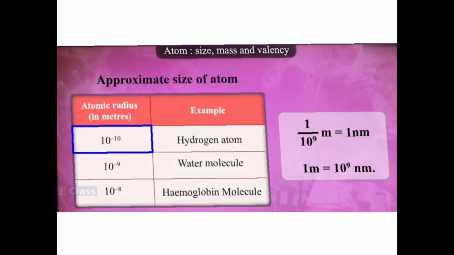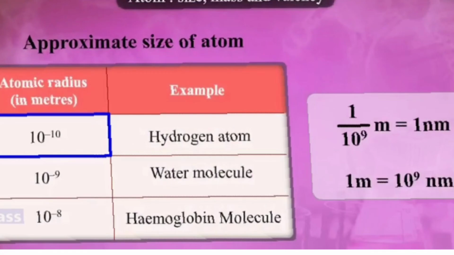We see that the size of a hydrogen atom is about 10 raised to minus 10 meters, and of a water molecule is 10 raised to minus 9 meters, and hemoglobin, which is present in our blood, its size is 10 raised to minus 8 meters. This is just to get an idea of how tiny those things are.